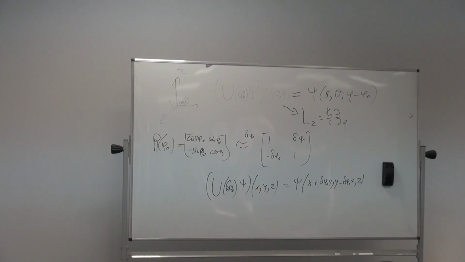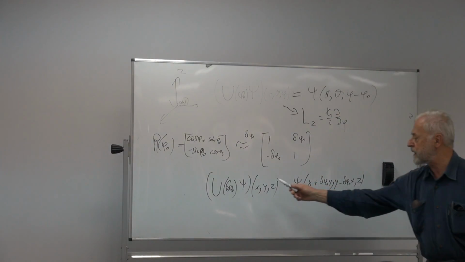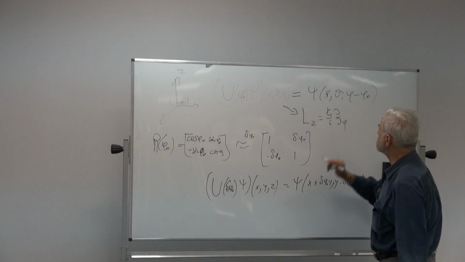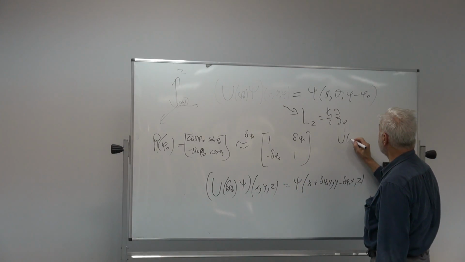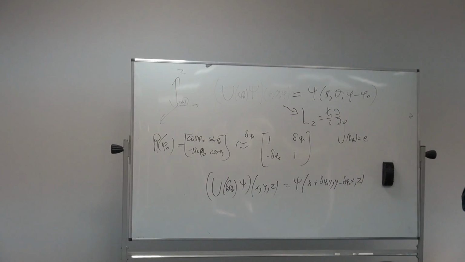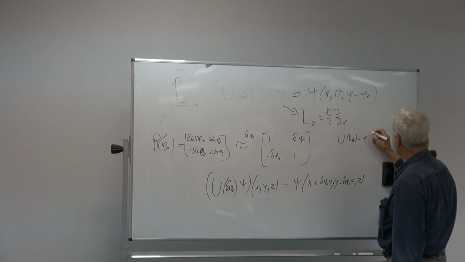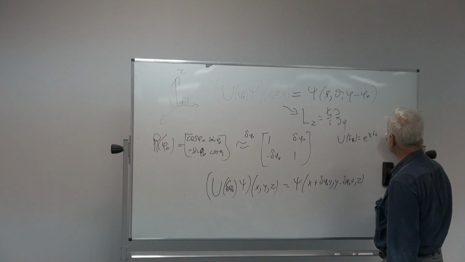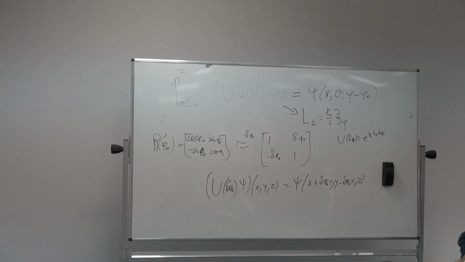Well, it is enough to know the action of our unitary operator for very tiny delta phi. Why? Because if I would write this operator in the form U of delta phi naught in full glory, e to the minus i over h bar Lz times delta phi naught, yes?